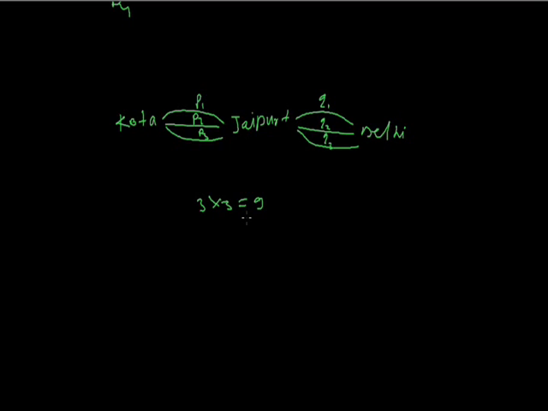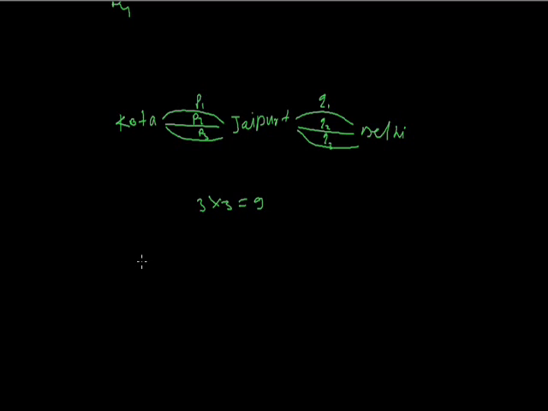Or we can say if an event can occur in m different ways, following which another event can occur in n different ways, then the total number of different ways of occurrence of both events in a definite order is m into n. Clear? So here m is equal to 3, n is equal to 3, so m into n is equal to 9. So there are a total of 9 ways to go to Delhi from Kota via Jaipur, and it is called the principle of multiplication.